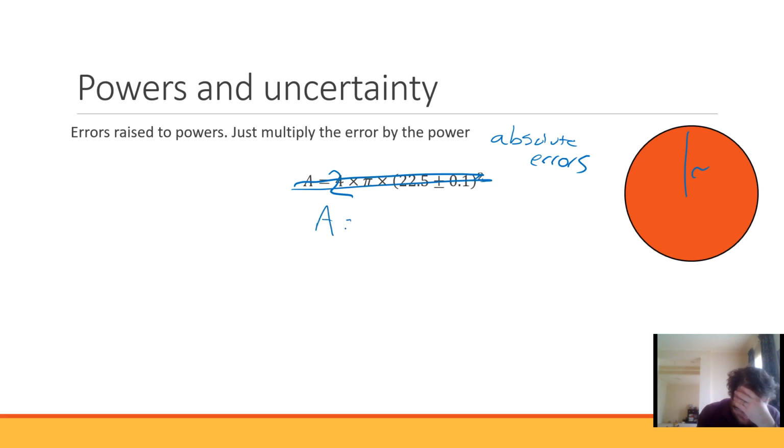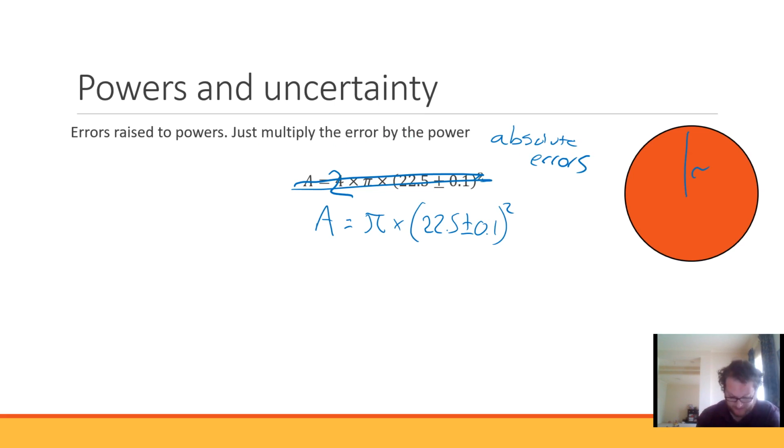The area of a circle is pi times 22.5 plus or minus 0.1 squared. I have no idea why there's a 4 there at all. Maybe I got confused with the circumference. So what you do is you just multiply the error by the power.